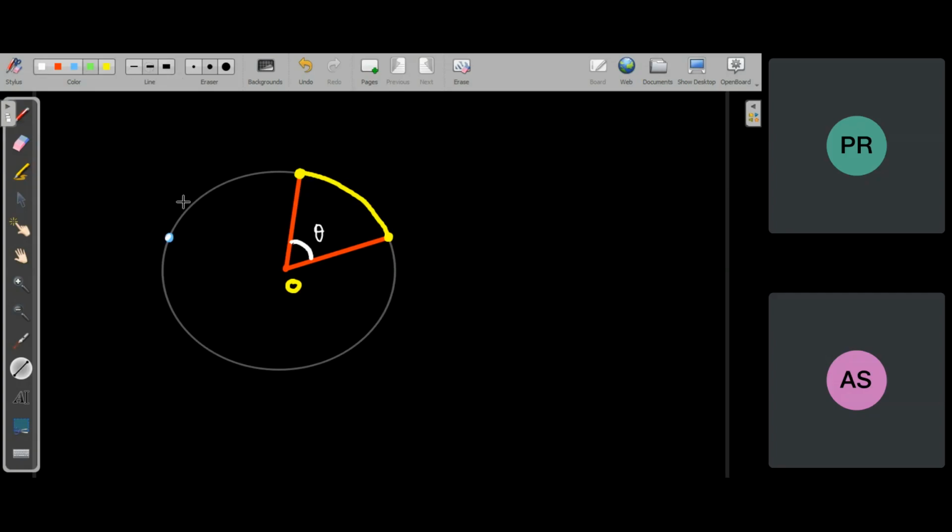In mathematics, you already know that this angle is half of that angle. So the angle rotated in the same time about this point is different. If that is theta, this is theta by 2, right? Yes, sir, it's theta by 2.